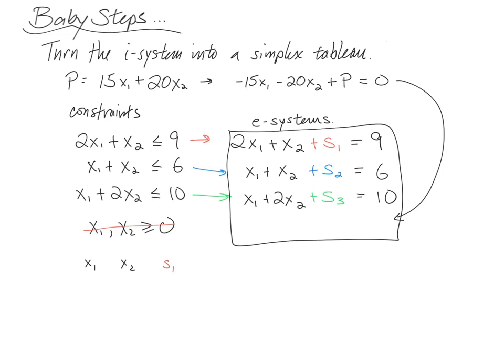We have to include an s sub 2 column. We have to include an s sub 3 column, and way up here we have to include a p column. Ooh boy, that's a lot. And we know that there will be 4 rows because there are 4 equations.